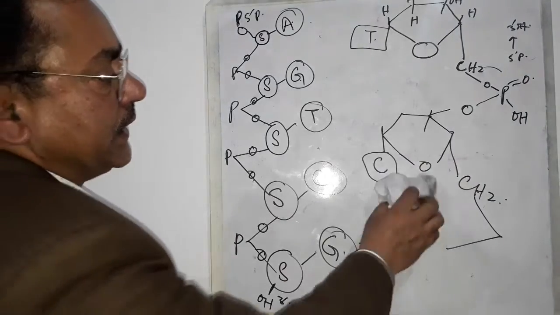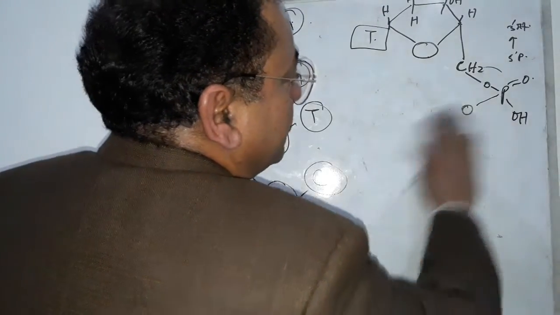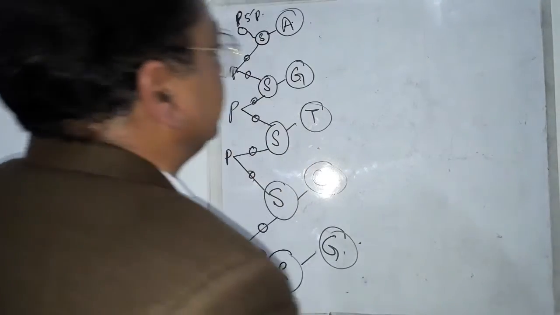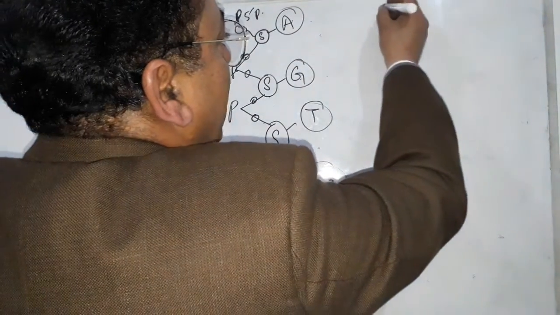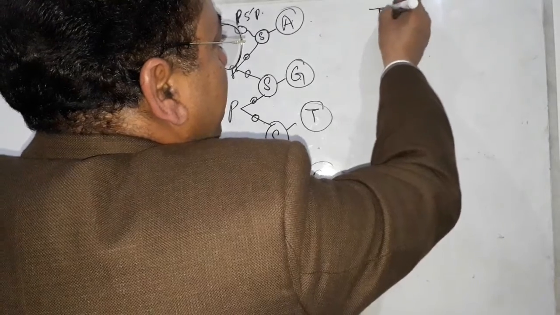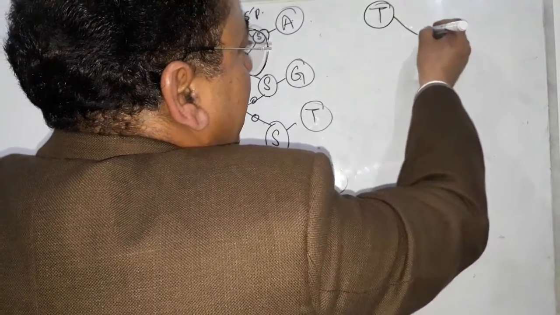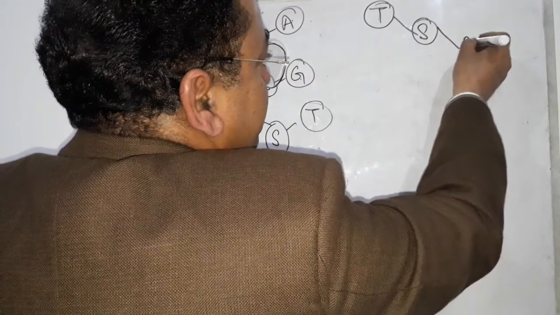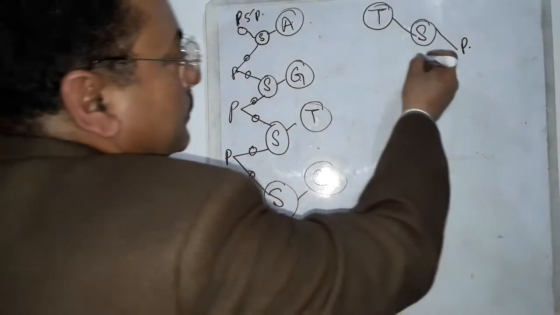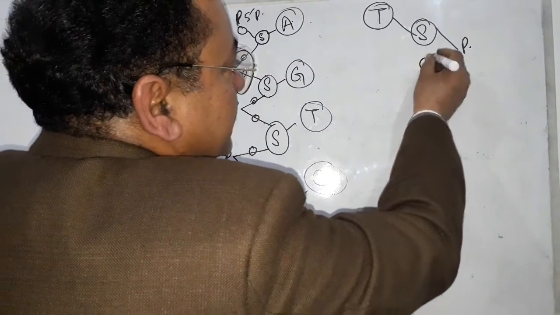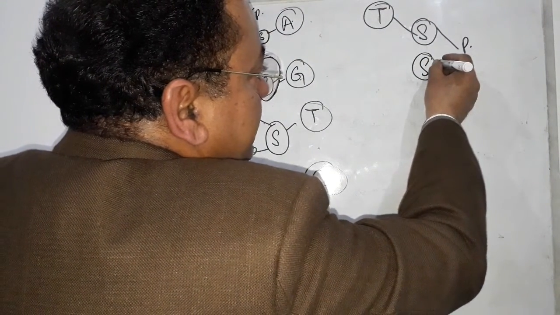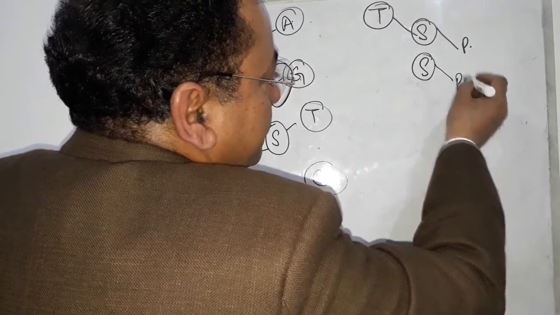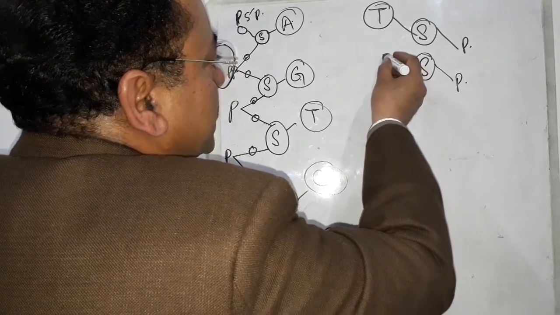So if this is clear, now let us draw this one like this. You have here thymine, a nitrogenous base attached to sugar, and this is phosphate. Then another, this is sugar, this is phosphate, and this is a nitrogenous base.